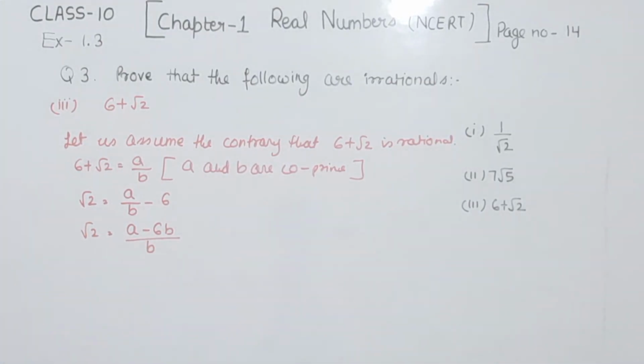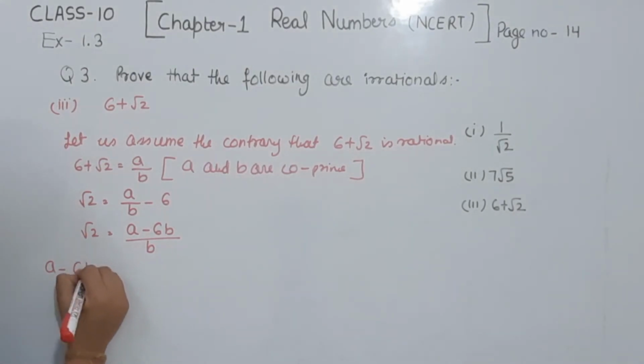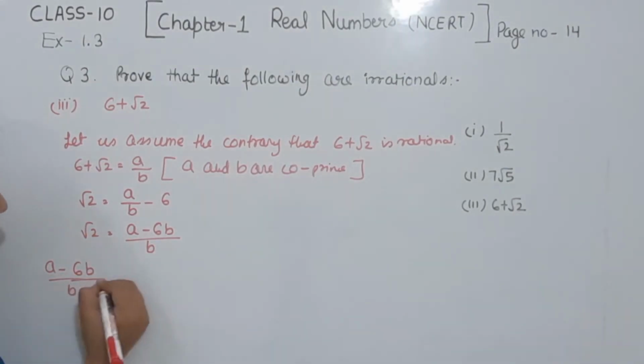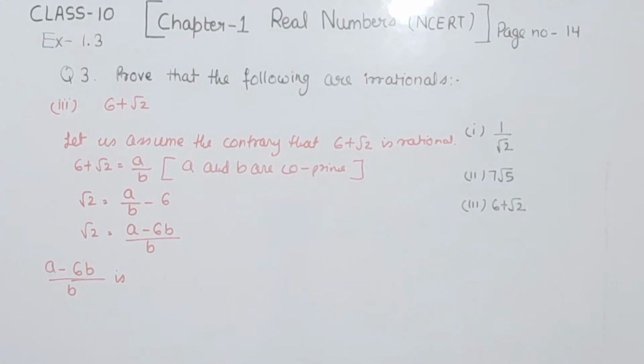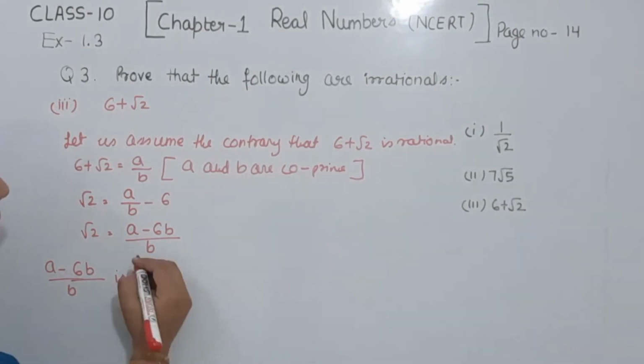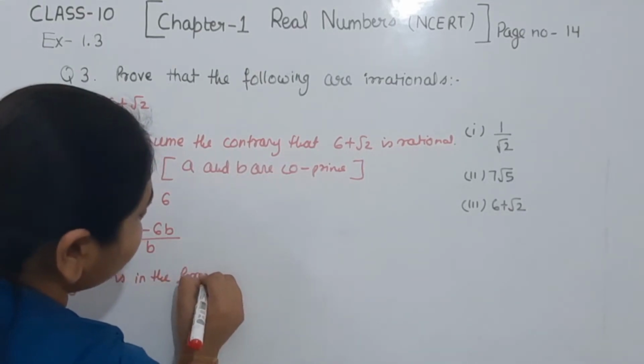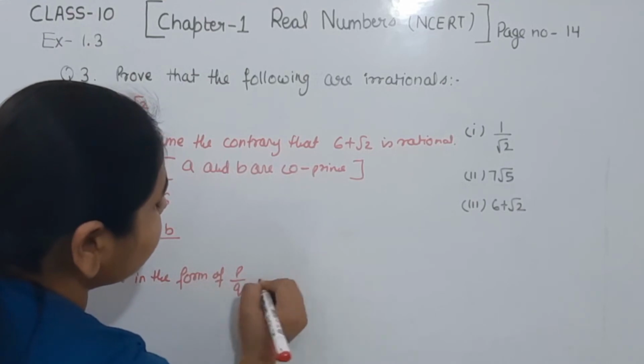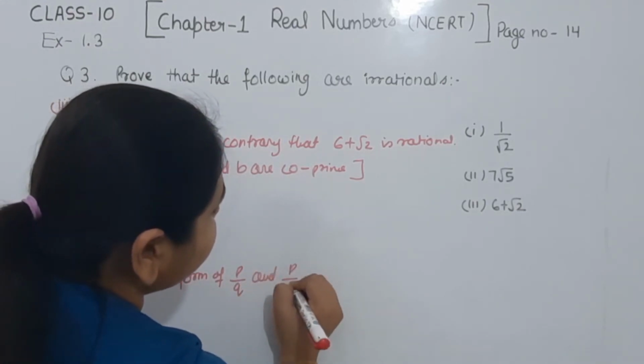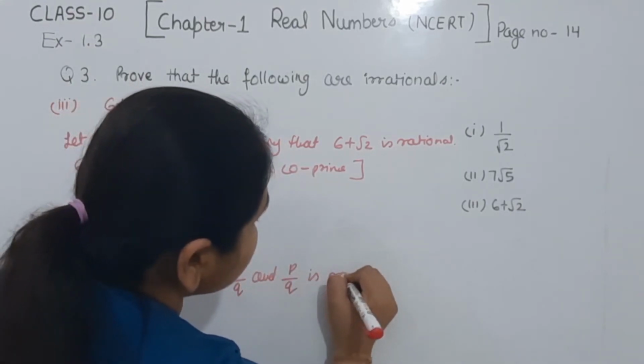This a minus 6b by b is in the form of p by q, and p by q is a rational number.